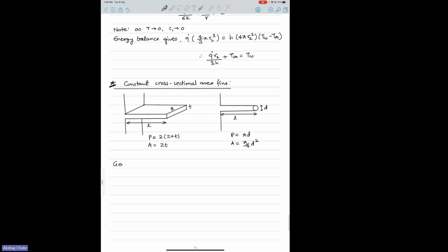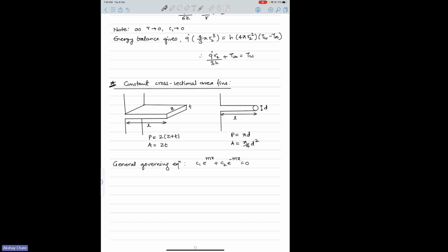And the general governing equation solution is nothing but c1 e to the power mx plus c2 e to the power minus mx.